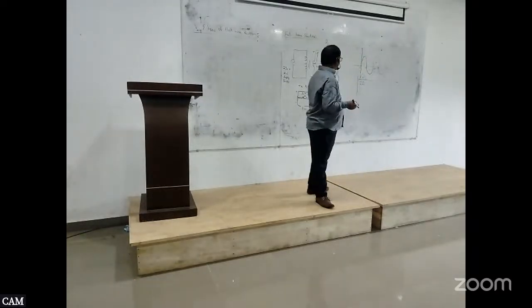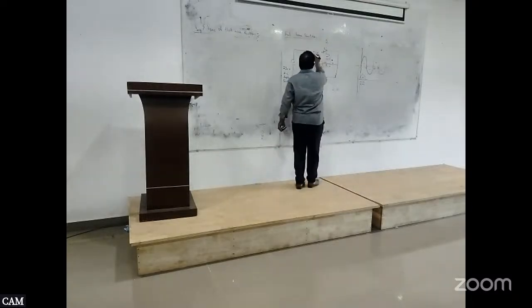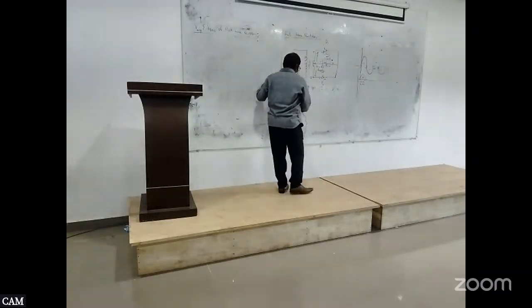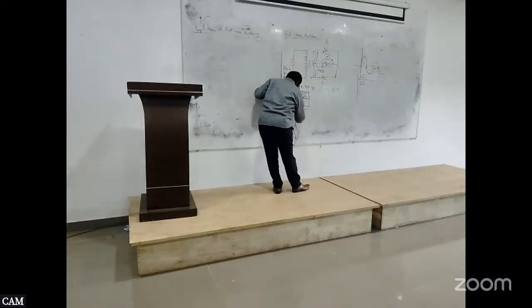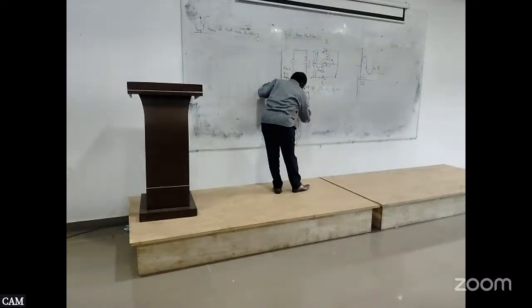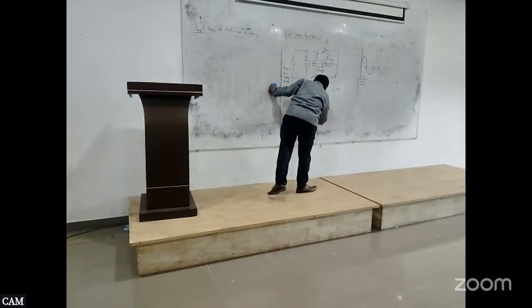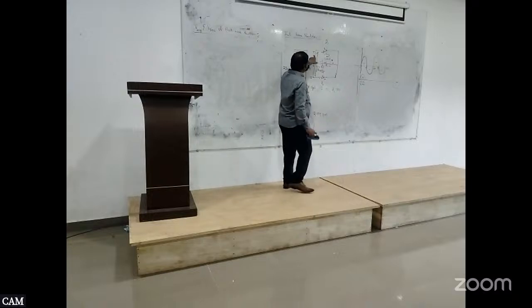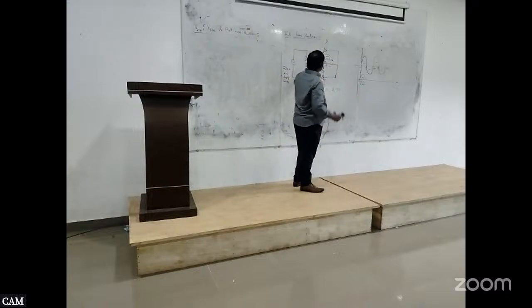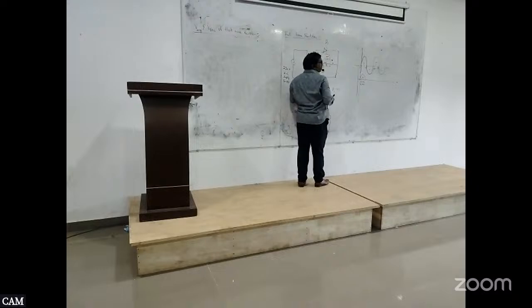In the negative half cycle, what happens? This will become minus, this will become plus. So in the negative half cycle, D1 is off, D2 is on. See, the minus terminal is applied to diode 1, and here it is plus.